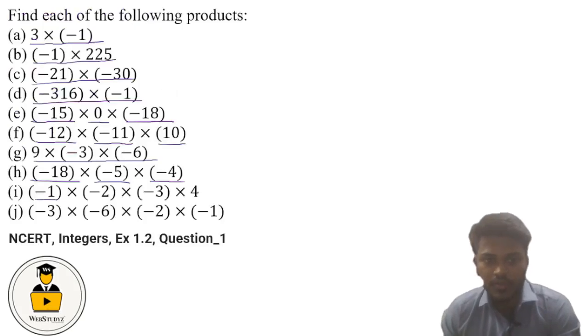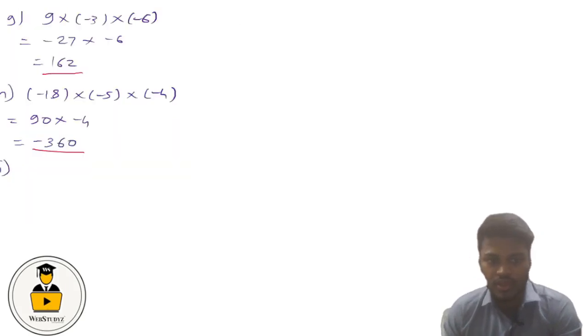We have minus 1 into minus 2 into minus 3 into 4. Let us consider the product of the first two numbers. So minus 1 into minus 2 will give us 2, as both the integers are negative. So the product will be a positive integer.